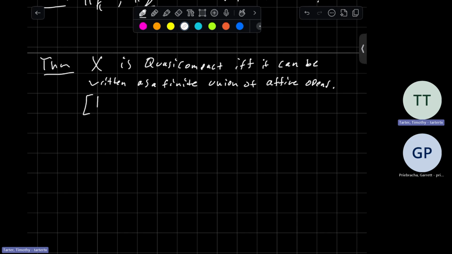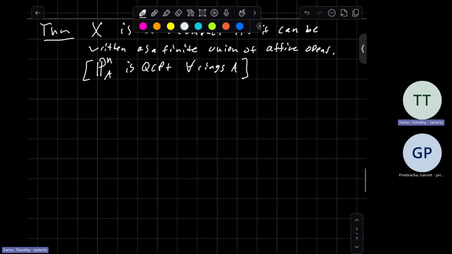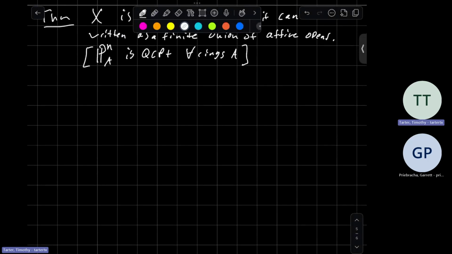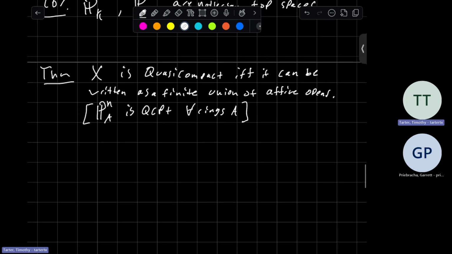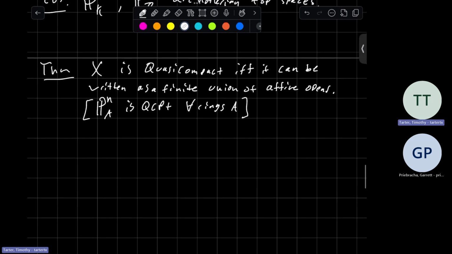And really what this is saying is that P^n over A is quasi-compact for all rings A. This was what gave us the whole Liouville's theorem thing, much earlier. But literally the backwards direction is the definition.